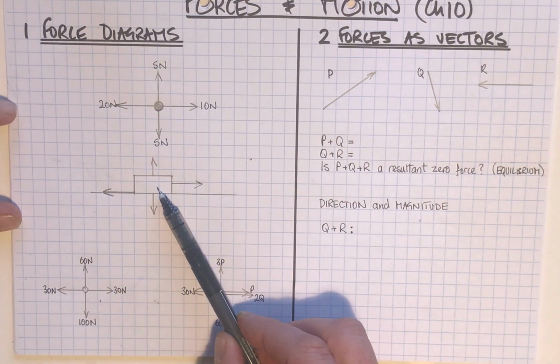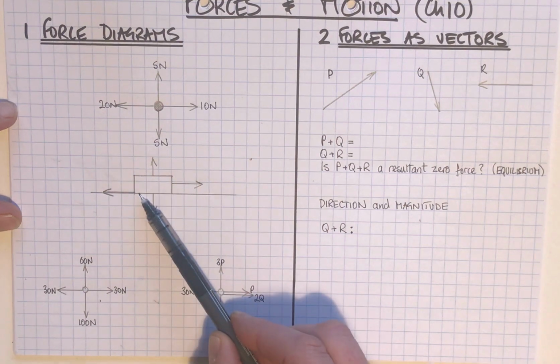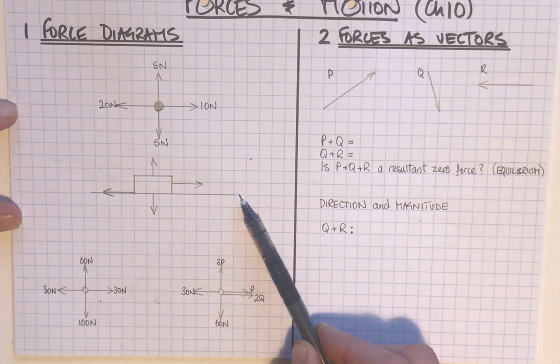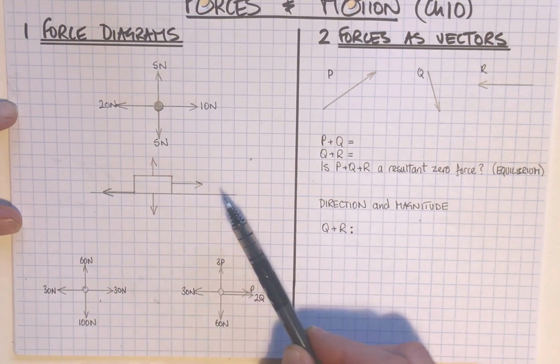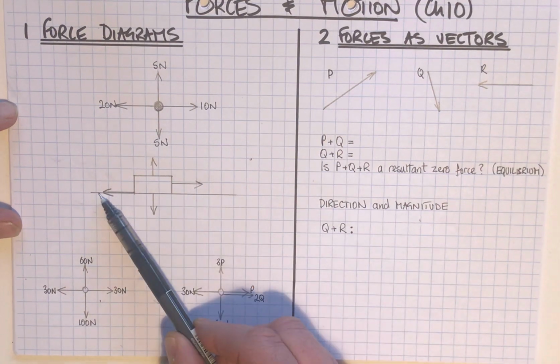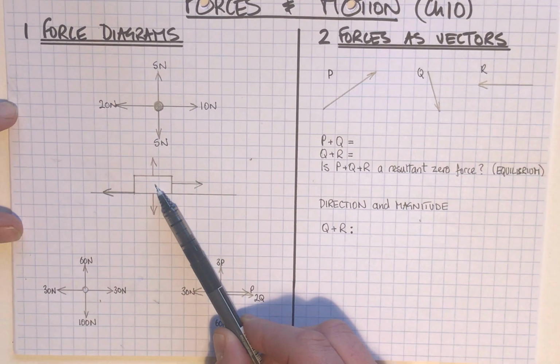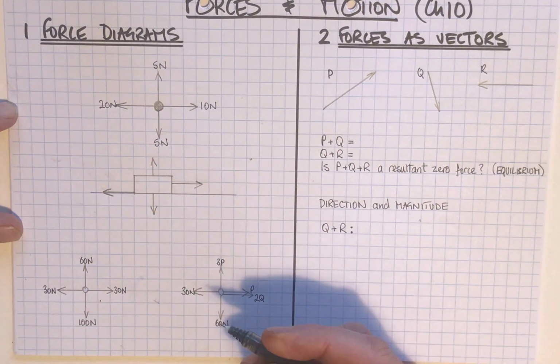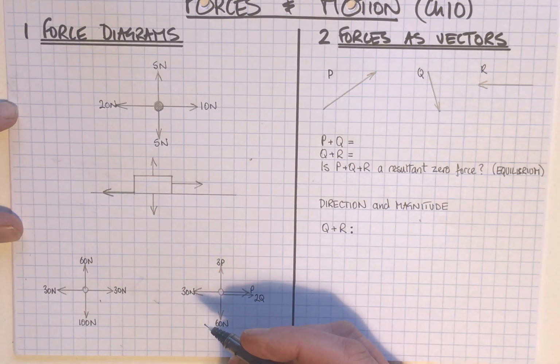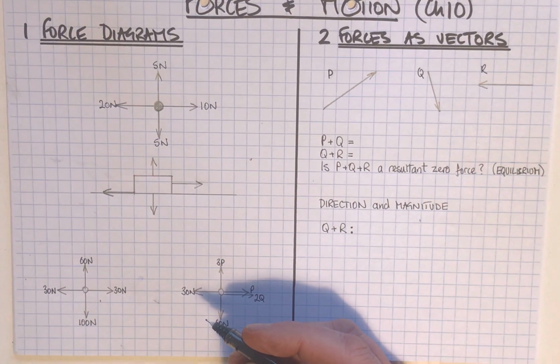In this diagram, we've got a brick or a block on a surface. In this case, it's a rough surface. I'll explain why in a minute. As it's sitting on the surface, obviously we've got gravity pulling it down. So we've got force due to gravity downwards. Acceleration due to gravity, as you'll know, is minus 9.8 meters per second squared.